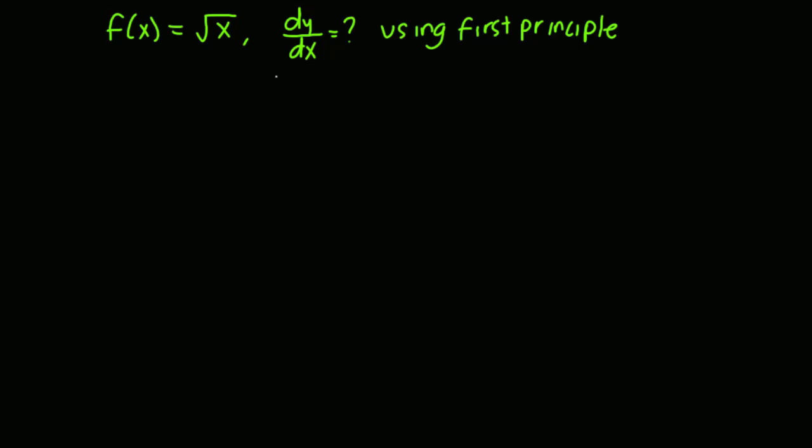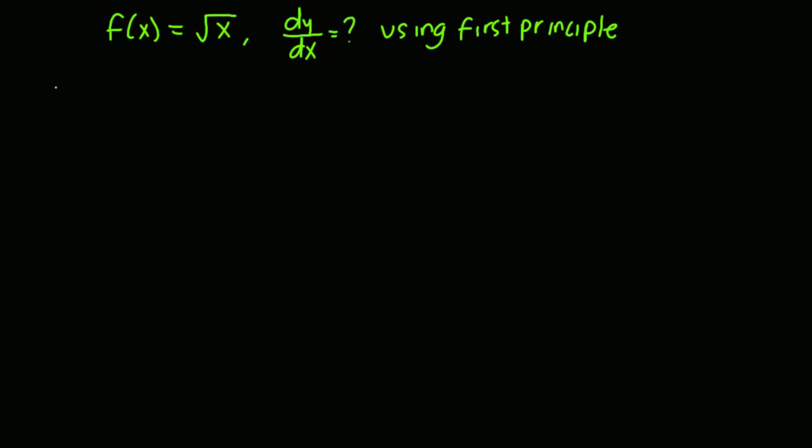Now, in this video, we are to find the derivative of the function f of x with respect to x, and the function is root of x, and we are to use the first principle.